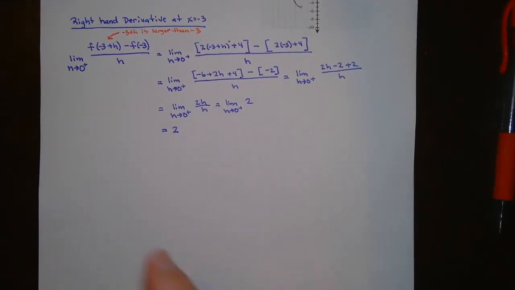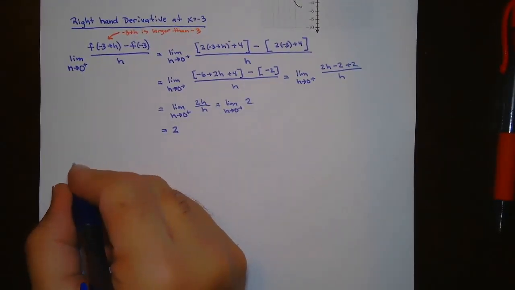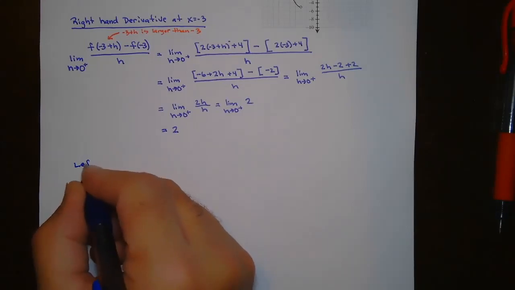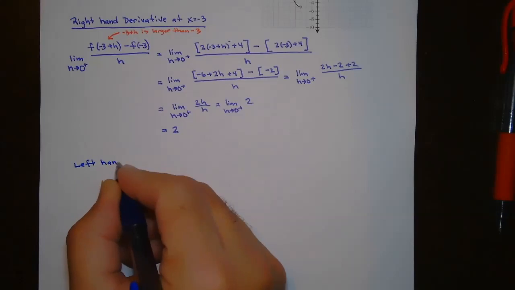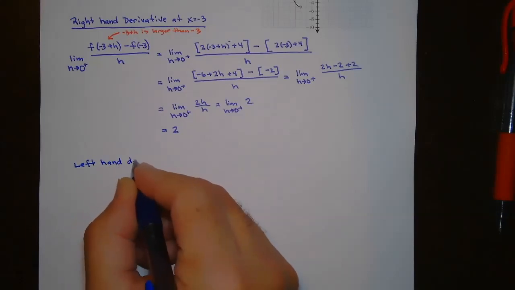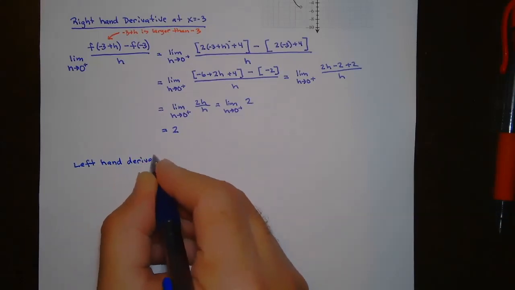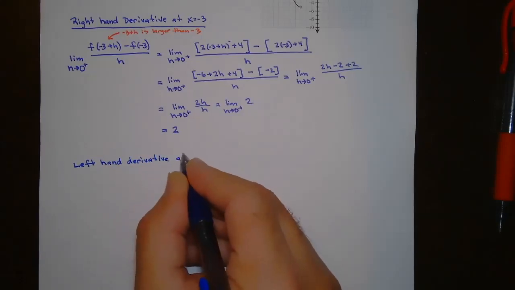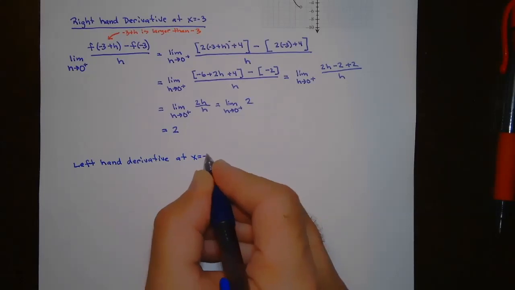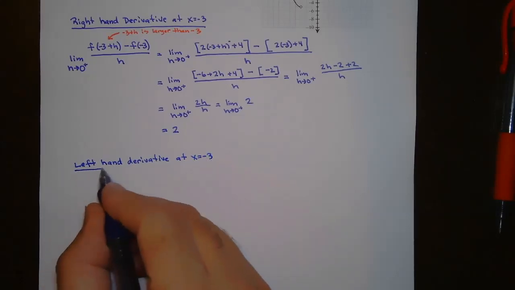Okay. All right. So this time we're going to do the left-hand derivative, and I'm going to have to slide this up and down because we want to refer back to the function. And I would just label it like this. I would just add x equals -3, okay?